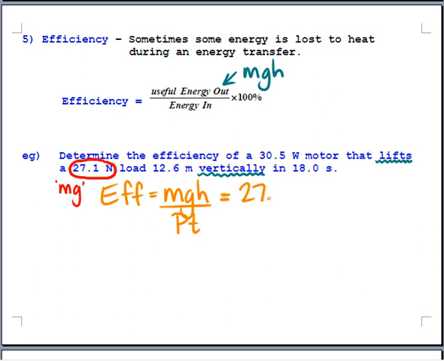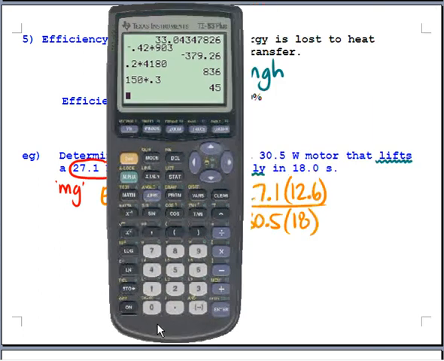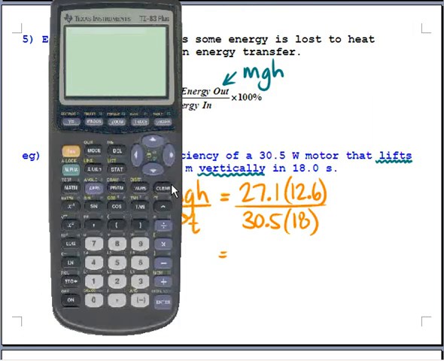That's 27.1. We're lifting 12.6 meters. And then we've got 30.5 watts running for 18 seconds. Be a little bit cautious. I'm not going to show the 100% until the end, if that's okay. Be a little bit cautious here with bed mass.